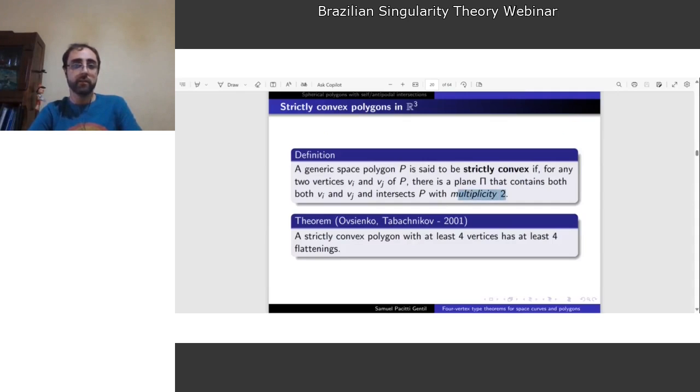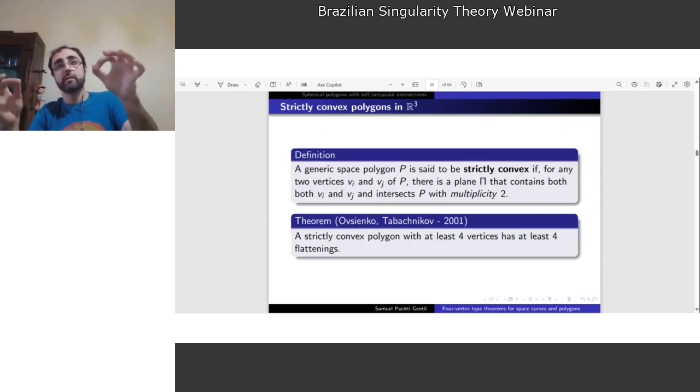Multiplicity 2 simply means that this intersection is either transversal and intersects the polygon only at these vertices, or that it might intersect an edge, for instance, but you can perturb the plane slightly and obtain another plane that intersects the polygon transversely only at 2 points.